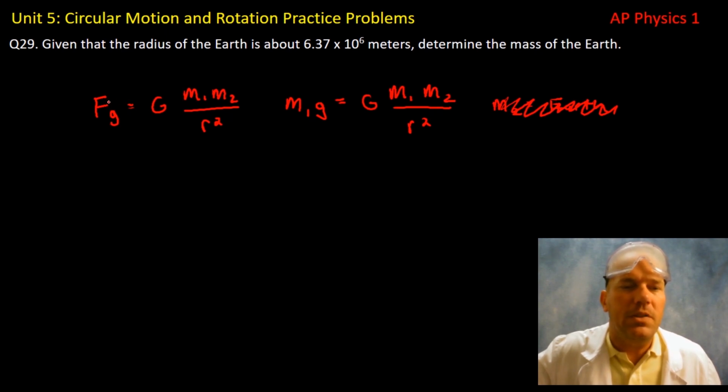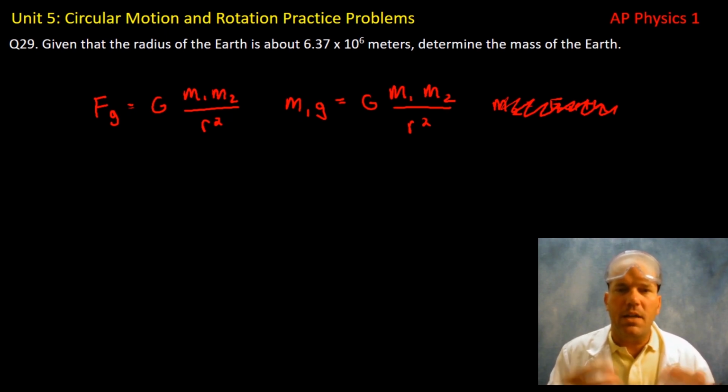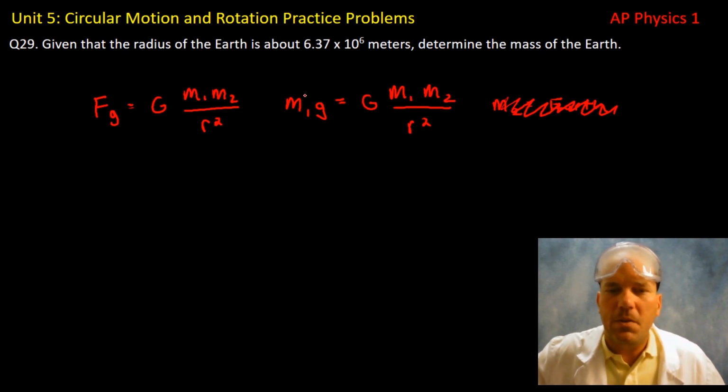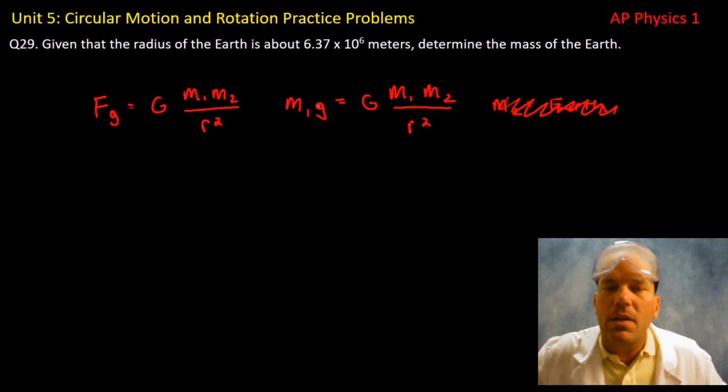So we know the force of gravity for an object near or on the surface of Earth is going to be equal to the mass of that object multiplied by the acceleration due to gravity, or little g.